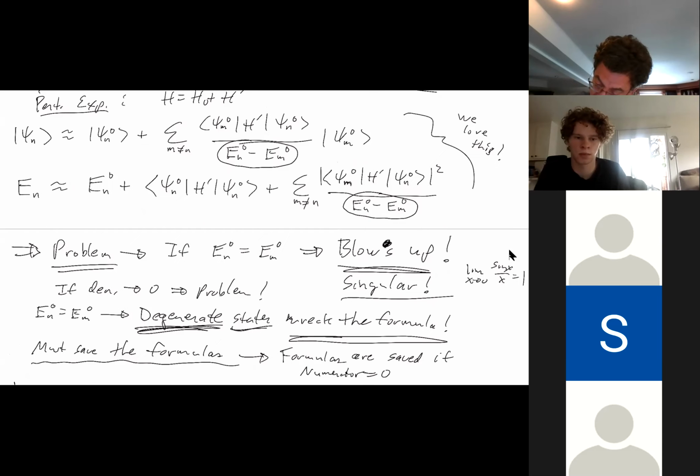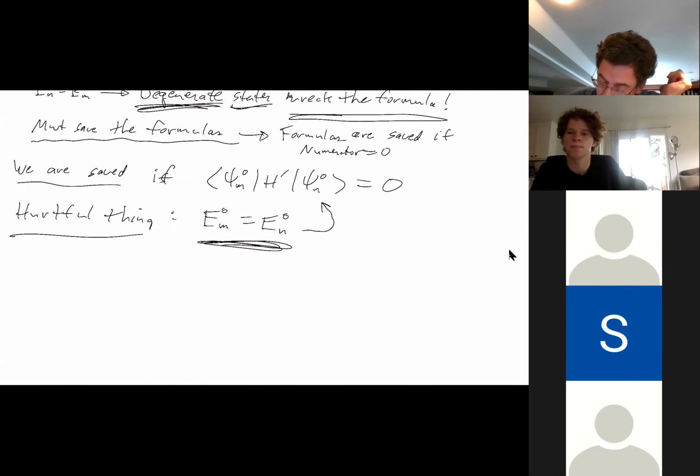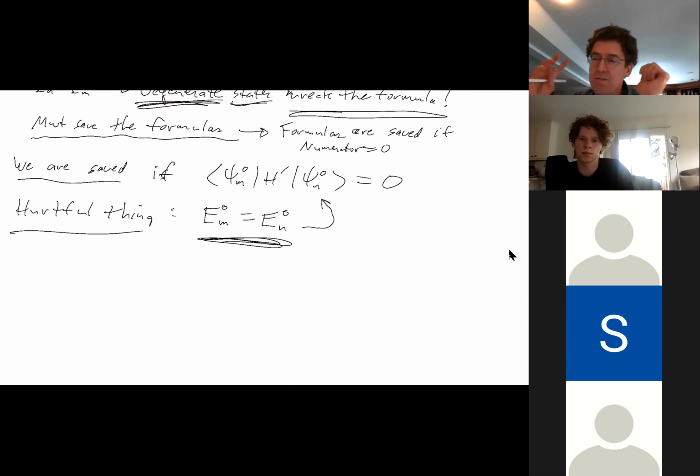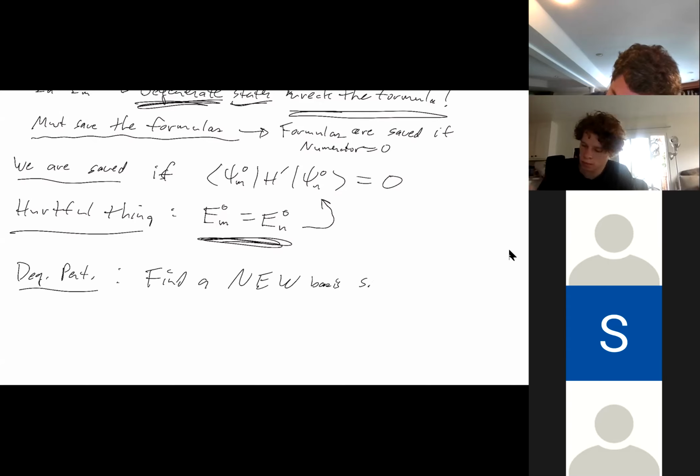So the point is, the whole point of degenerate perturbation theory is to find a new basis such that psi m naught H prime psi n naught equals 0.